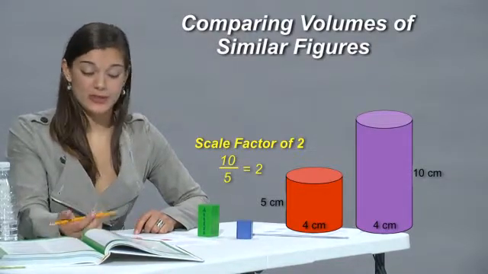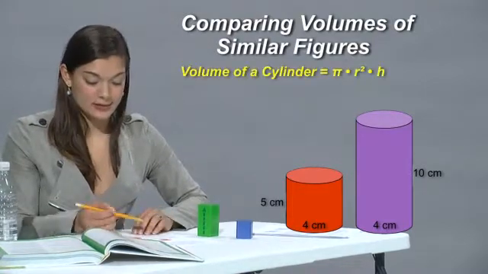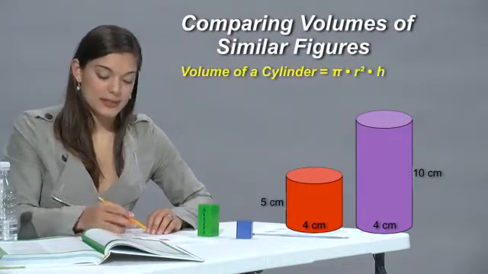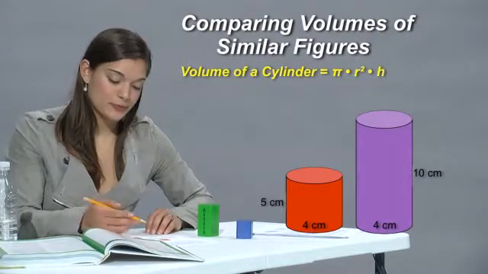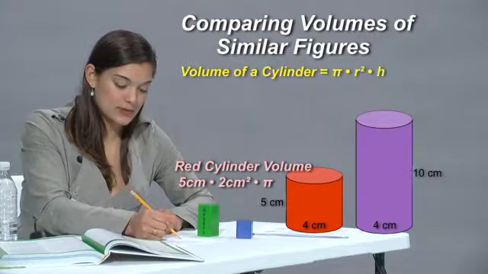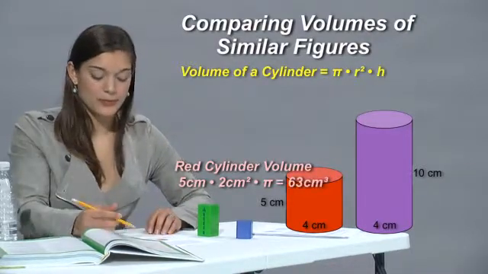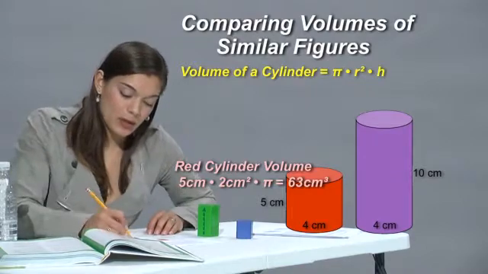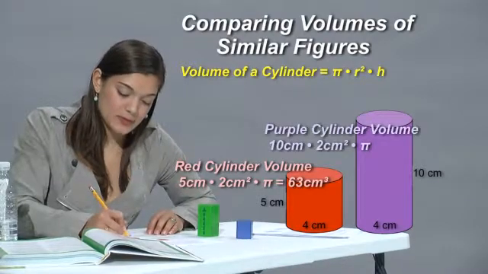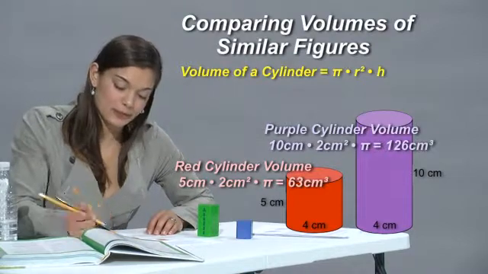Let's find the volume of each one so that we can compare. We know the volume of a cylinder is pi times the radius squared times the height. So for the red one, it would be 5 times 2 squared times pi, or about 63. And for the purple one, it would be 10 times 2 squared times pi, or about 126.